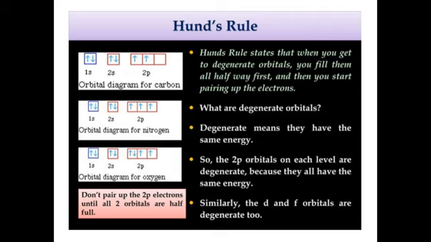Okay, so the d and f orbitals are also degenerate too. Only s is not degenerate, because the maximum number of electrons s can contain is just 2, only 1 box. But for p, it has three boxes inside, so it's degenerate. They are at the same energy level.